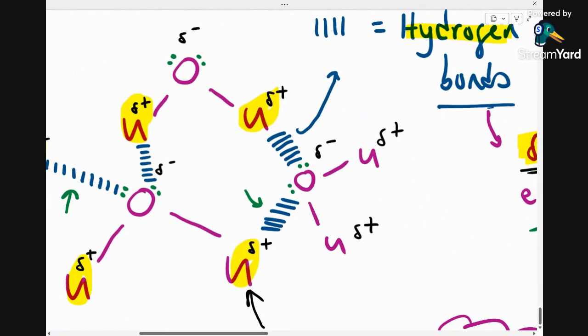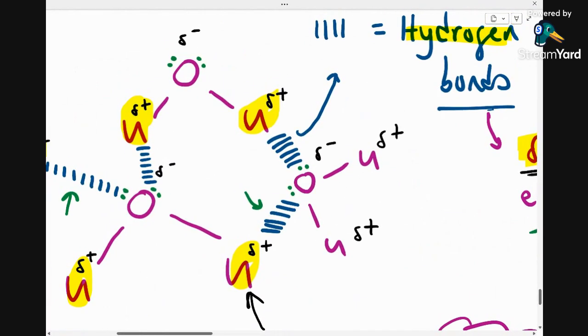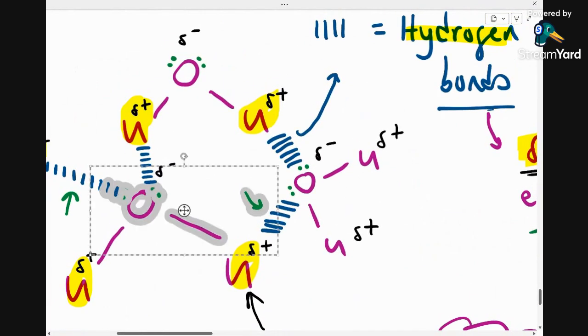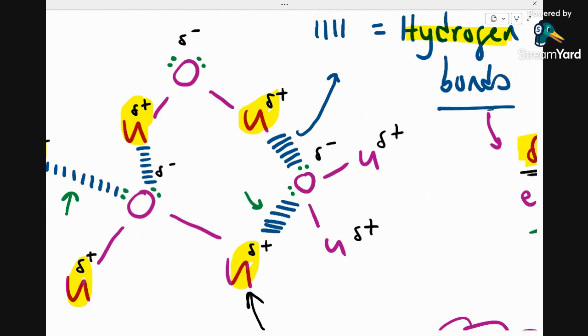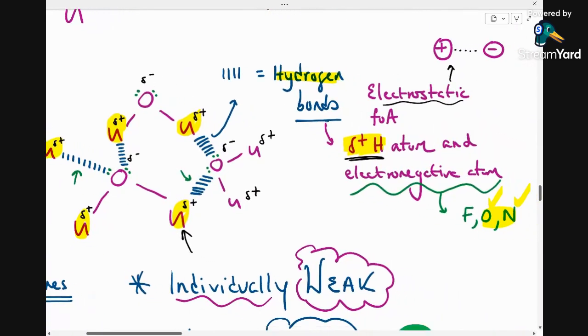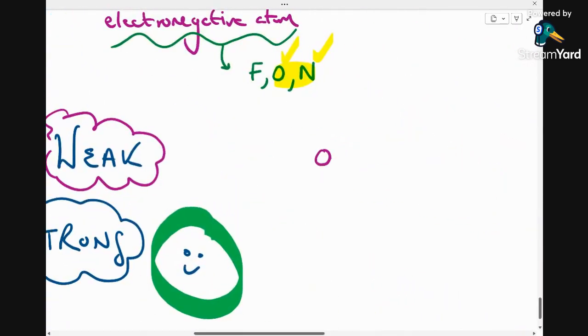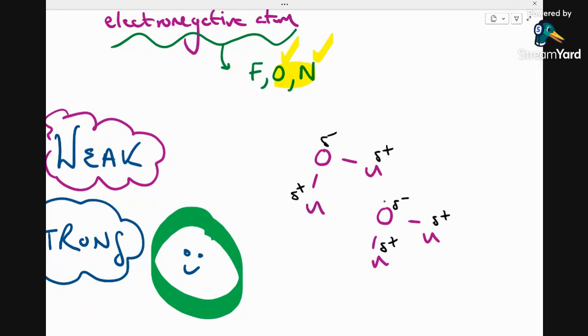And in this case, it is between the electrons in the outer shell of oxygen, the lone pairs, and the delta positive hydrogens. But in your exam, although I've drawn it like that, you are more than welcome, if you wish, to simply draw them like this, with your delta charges, and not bother about the lone pairs. And you can then simply draw your hydrogen bond like this.